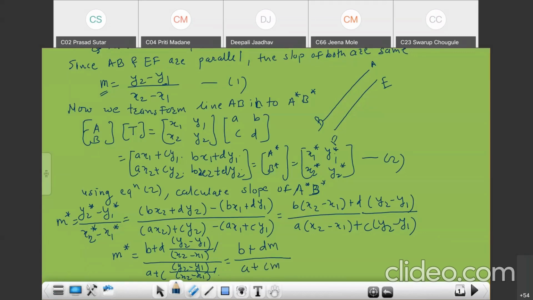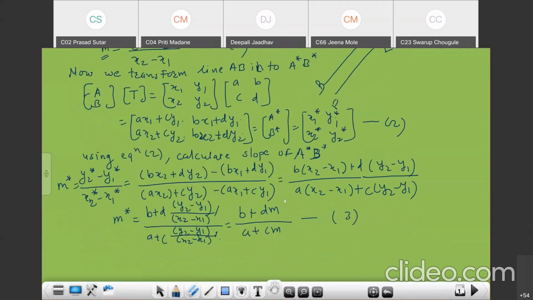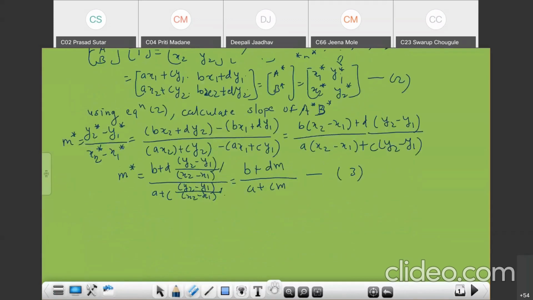Again, we will require this equation in the transformation of intersecting lines. So that is equation number 3. This is the slope of the transformed line: m star equals (b plus d m) divided by (a plus c m).